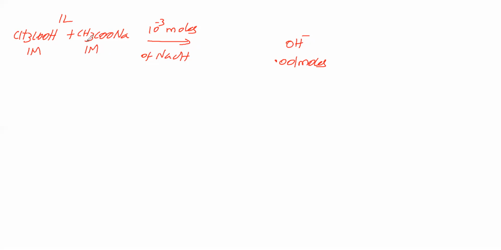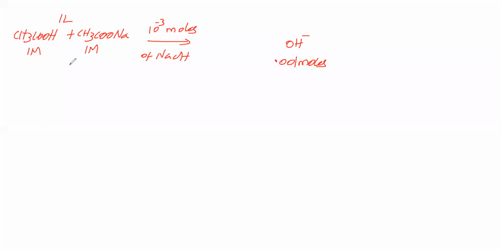OH minus is a base, so the species having acidic nature will remove this OH minus. How? By acid-base neutralization. The added OH minus should be removed from the solution, that is, it should not be free. Okay, like this we have to do it.